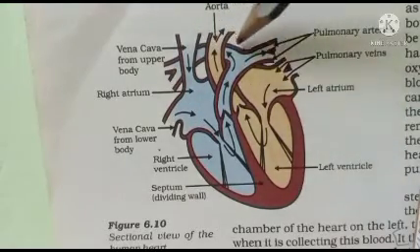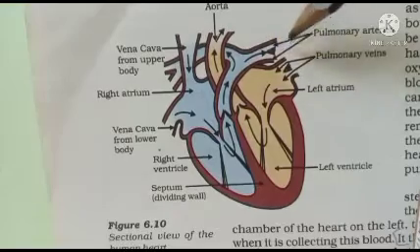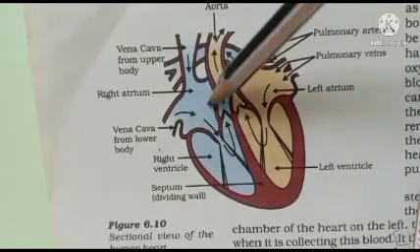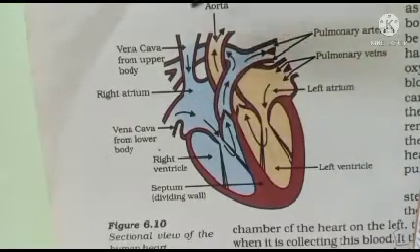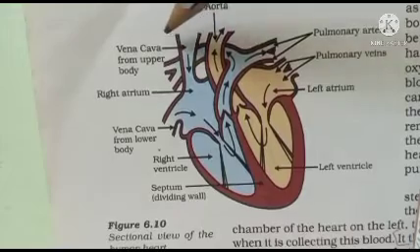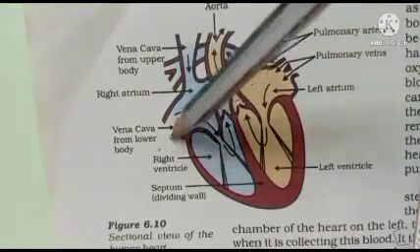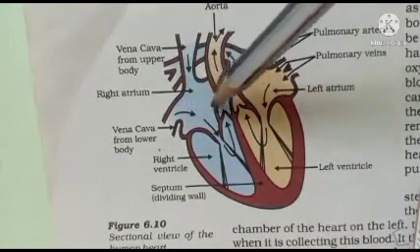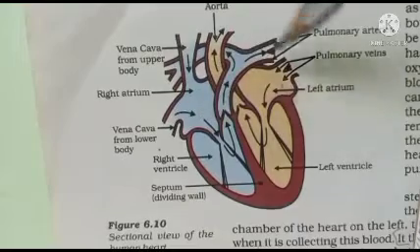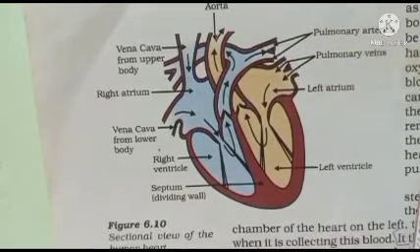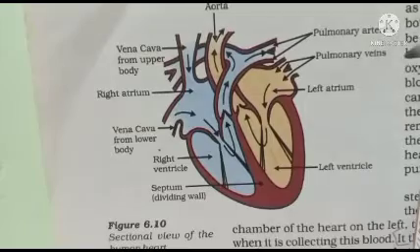So once again, if you see the passage of blood, the right atrium receives the deoxygenated blood through the anterior vena cava and the posterior vena cava. The left atrium will be receiving the pure blood, that is the oxygenated blood, from the lungs through the pulmonary veins.